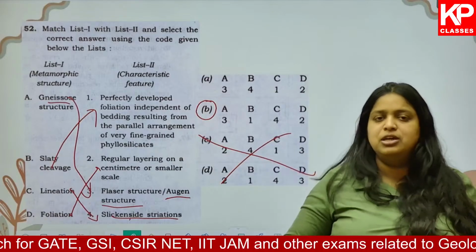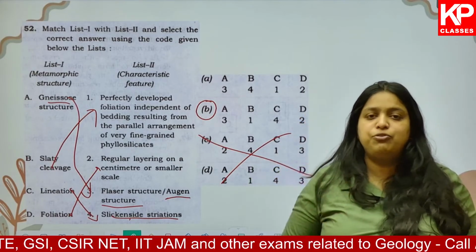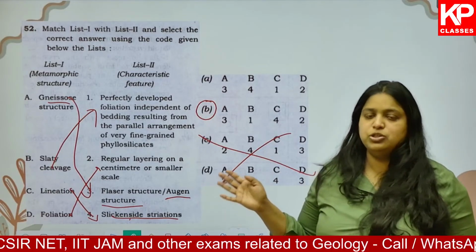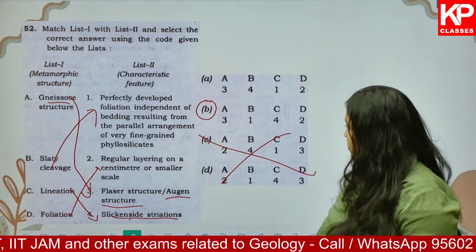There are different conditions, and all those can be defined as a foliation. The same thing is given for lineation. That's an important portion that you have to revise before going into the competitive exam.